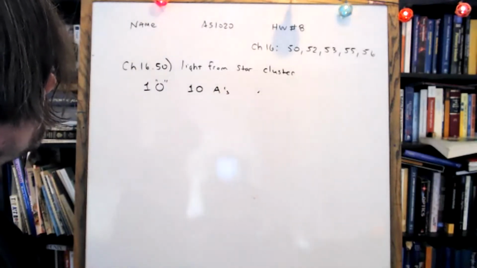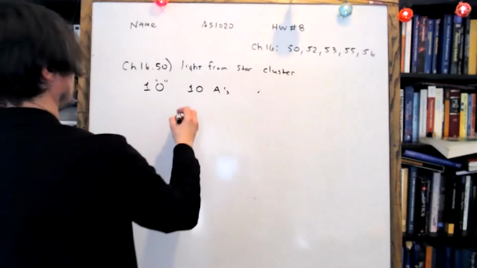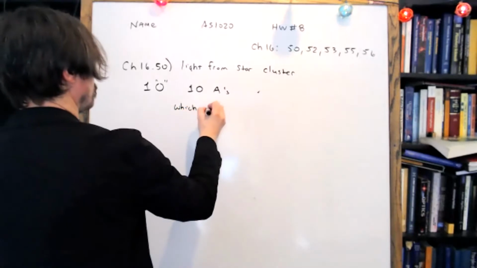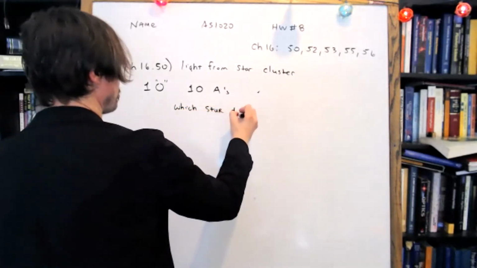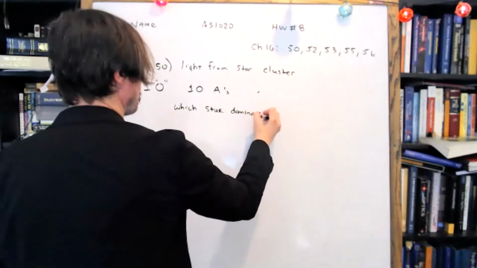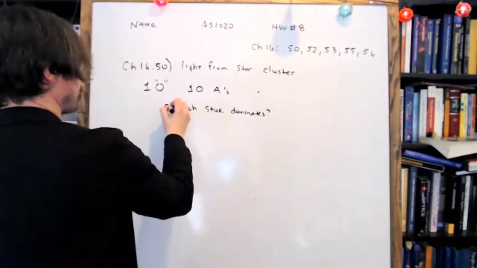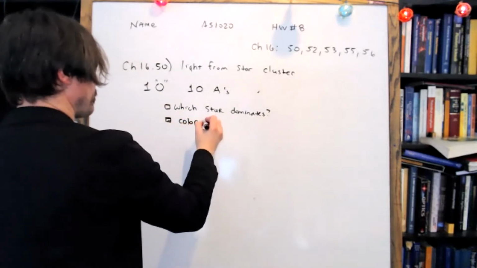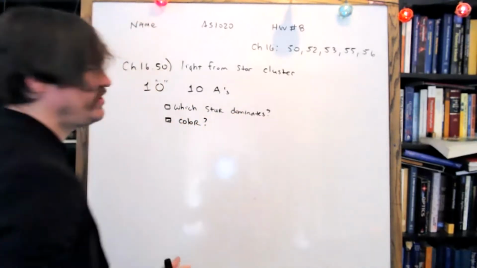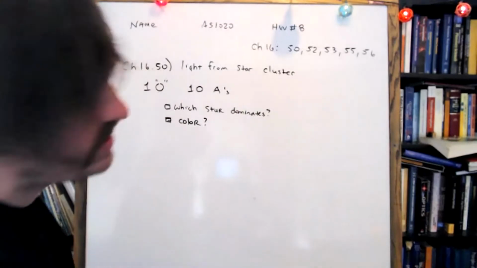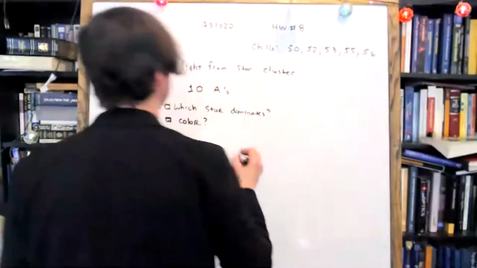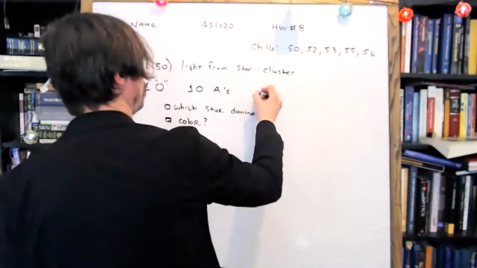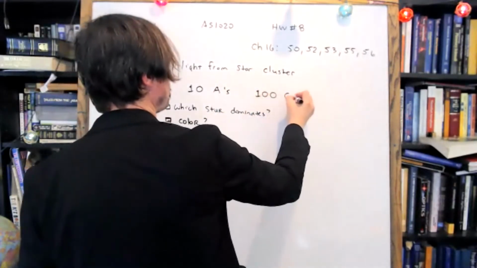What would the color of the star cluster appear to be if you observed it from a distance so great that you could not make out the individual stars? How many G's, and was it 1,000 M's? So it was 1 O, 10 A, 100 G's, and 1000 M's.